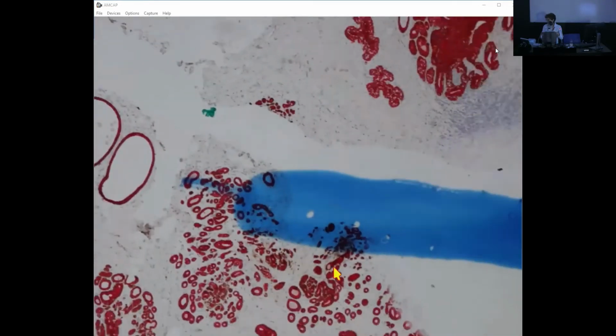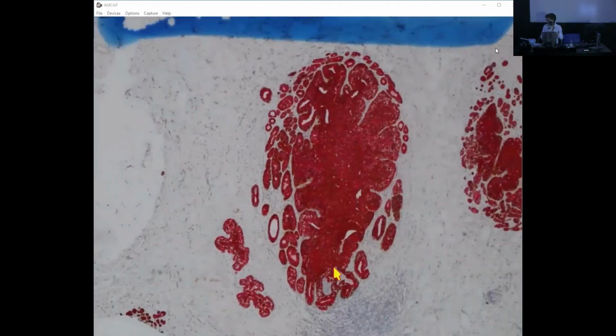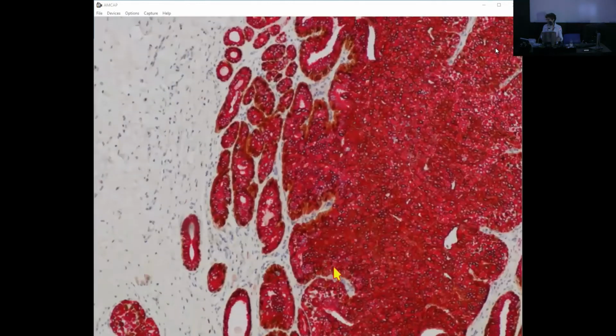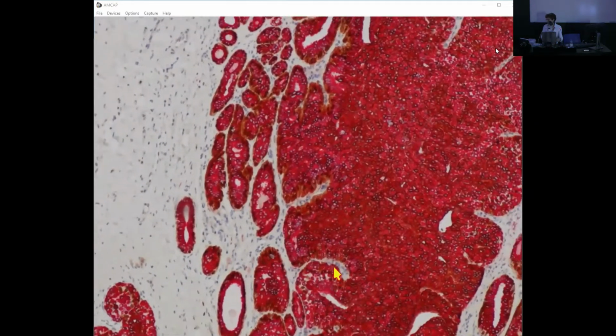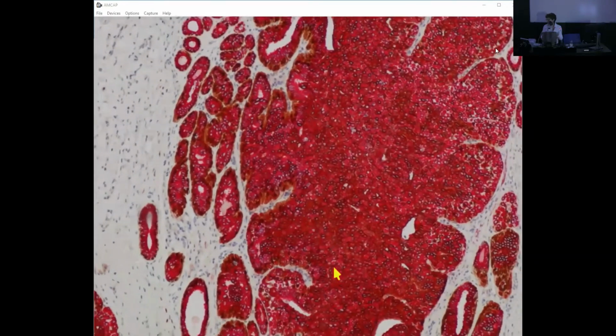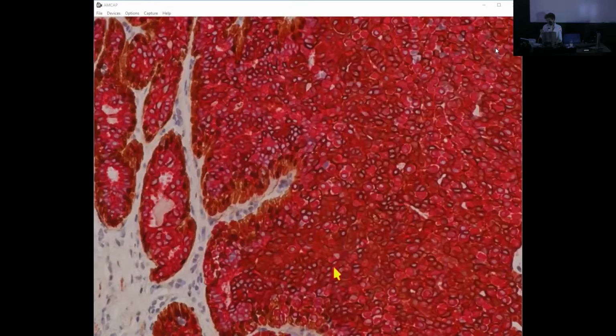And here, in the same area, it illustrates how this is a focus where we have very different cell types. The myoepithelial cells would be at the periphery.